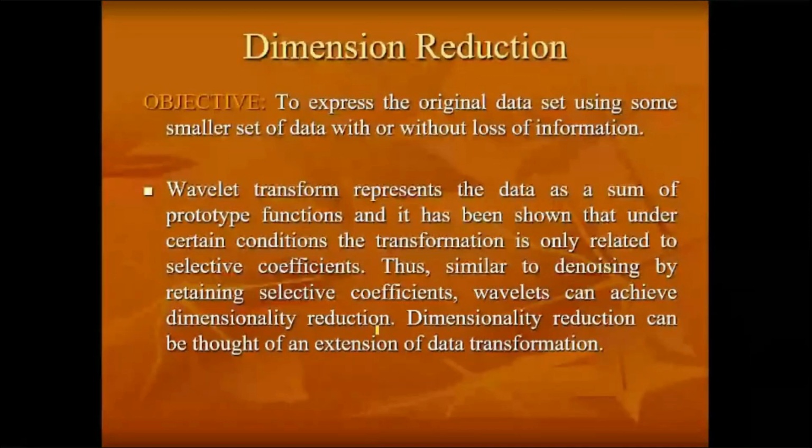So the role of the wavelet method is very effective in that case, because the objective is to express the original data set using some smaller set of data, with or without loss of information. Without loss of information means that when we are in the reduction process, our objective is no information loss from the data.